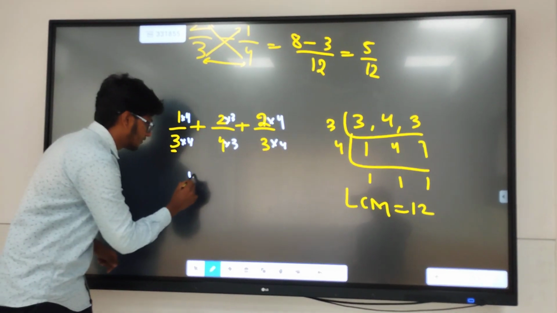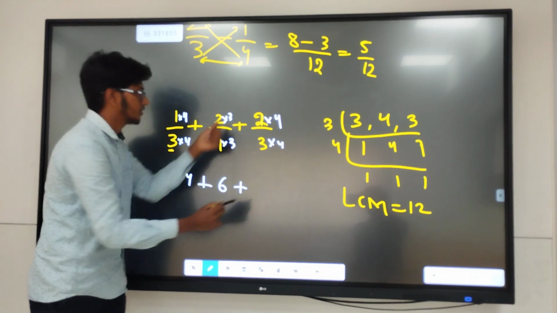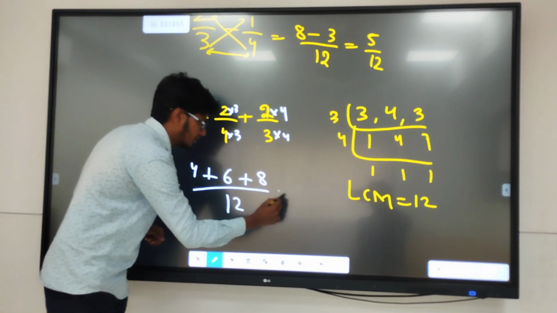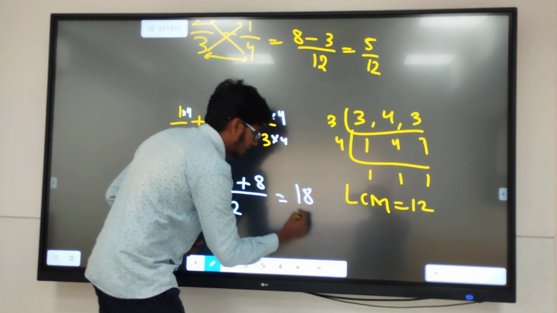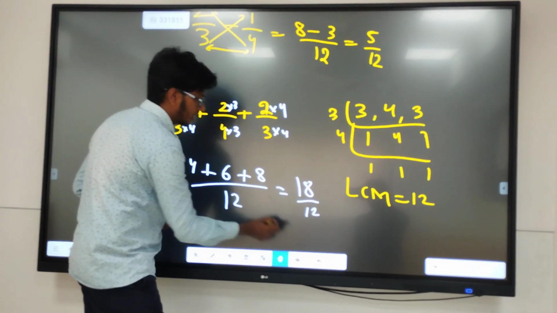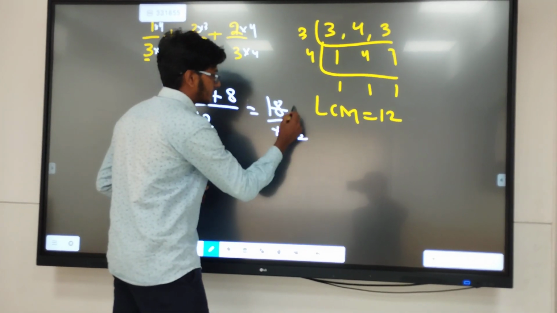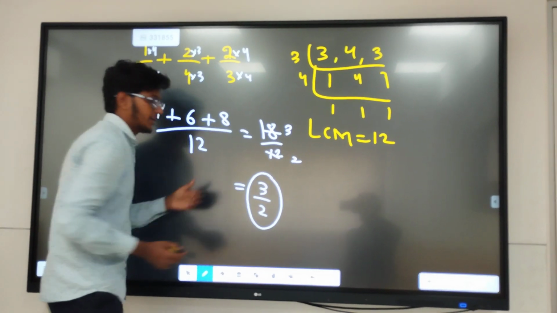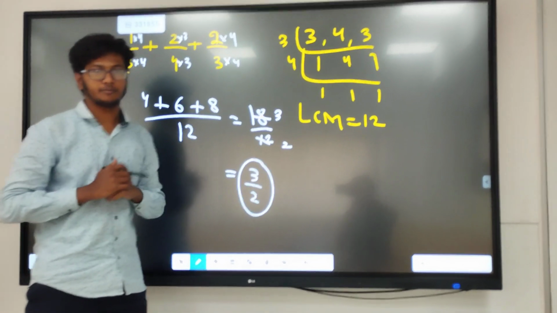Now 1 4s are 4 plus 2 3s are 6 plus 2 4s are 8, whole divided by 12, which is equal to 4 plus 6 is 10, 10 plus 8 is 18, 18 by 12. Yes, you're correct. So now it's easy to divide. 6 2s are 12, 6 3s are 18, it is 3 by 2. Easy, isn't it? So this depends on what LCM you are taking.